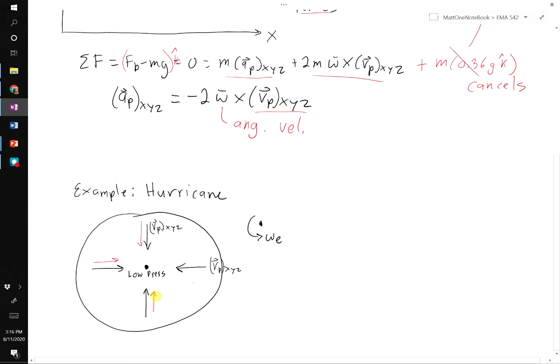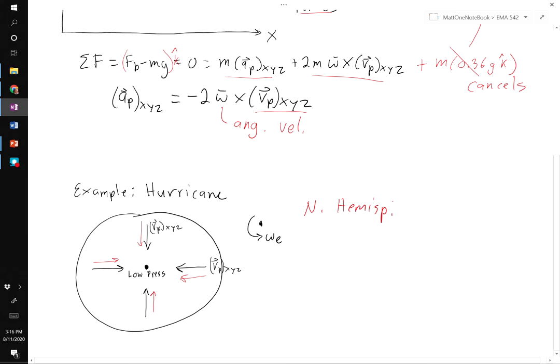And so these particles in the hurricane have a velocity in towards the center that we'll call our VP relative to XYZ. Now what happens next depends on whether we're in the northern hemisphere or the southern hemisphere.